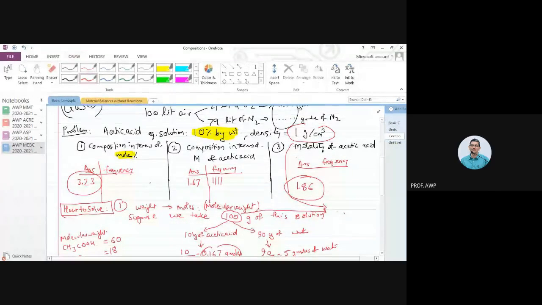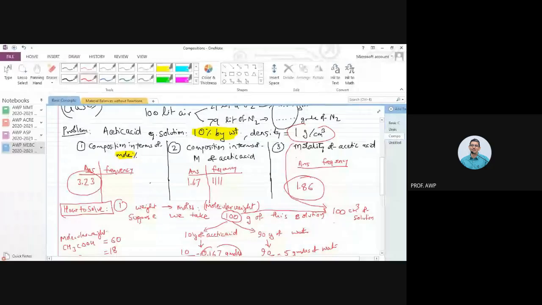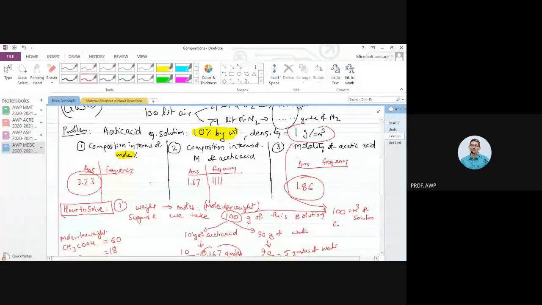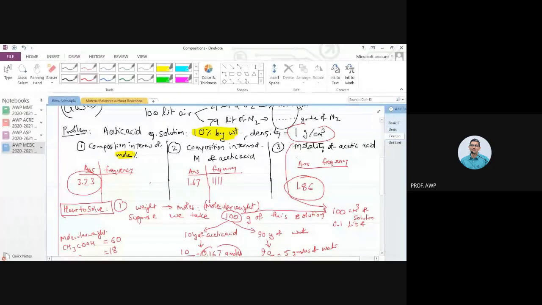That means it is same as 100 centimeter cube of solution. 100 centimeter cube of solution is same as 100 ml of solution, which is same as 0.1 liters of solution. Okay.